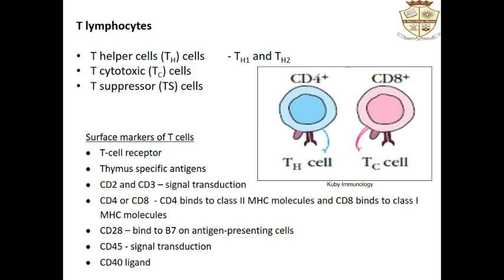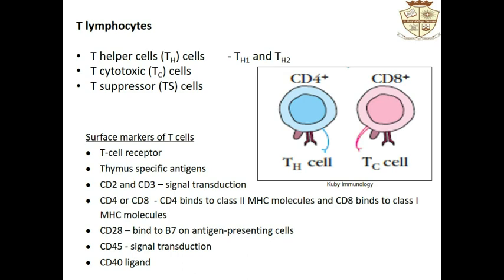In other words, to be recognized by T cells, antigens must be displayed together with MHC molecules on the surface of certain cells known as antigen presenting cells. The common antigen presenting cells are B cells, macrophages and dendritic cells, etc.